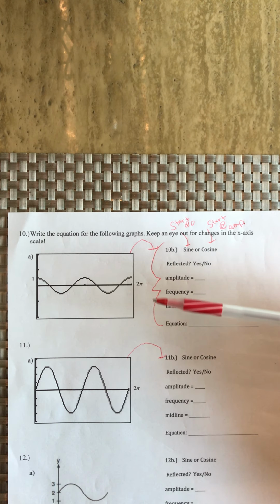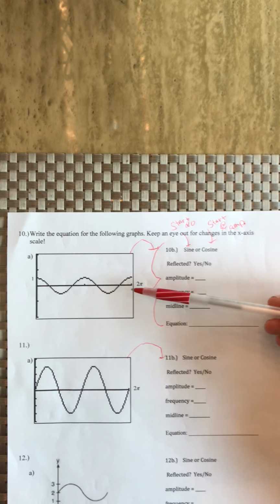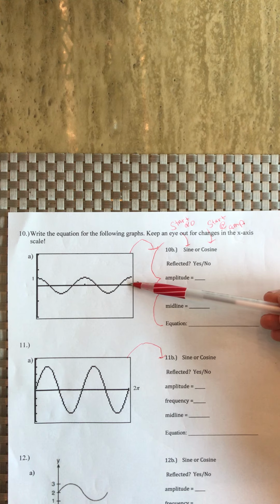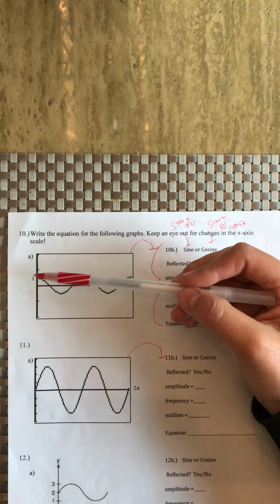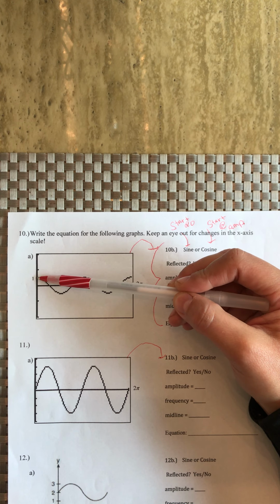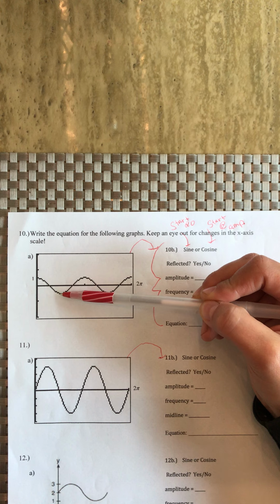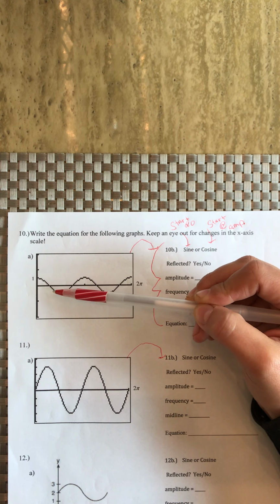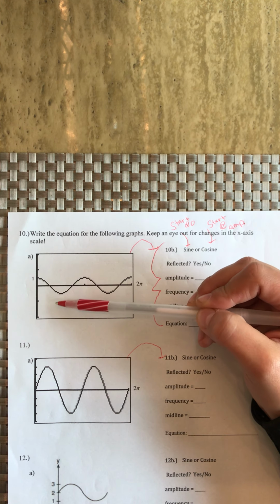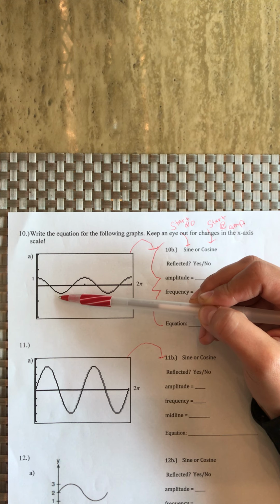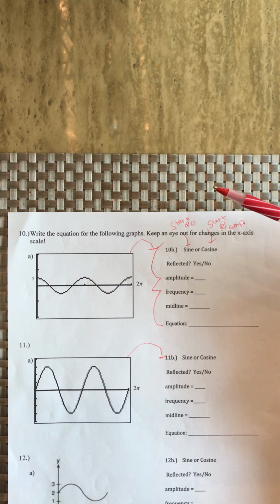Now, as long as the midline is y is equal to 0, which in this case it is, the way you find the midline is the distance midway between the max and the min. You can see right here that your max is 1 and your min is -1, okay?